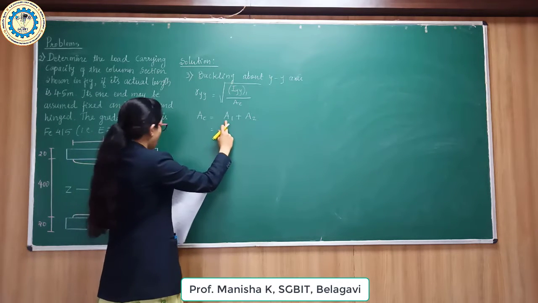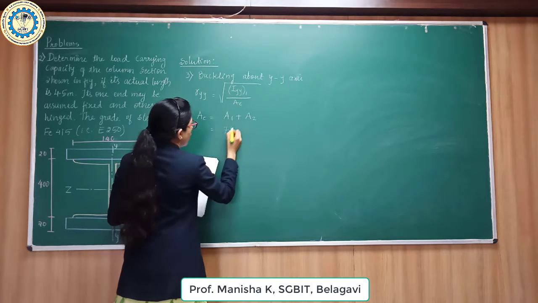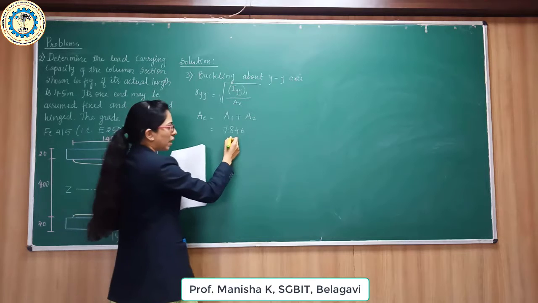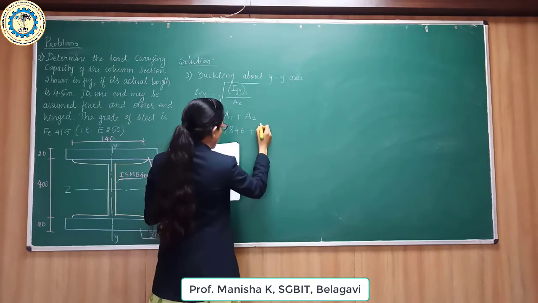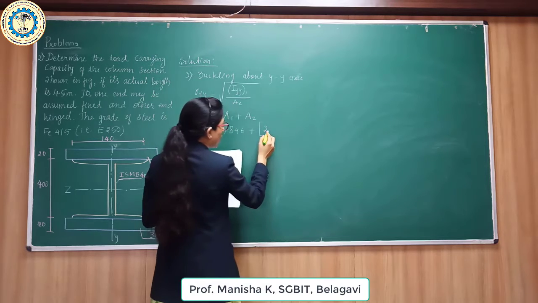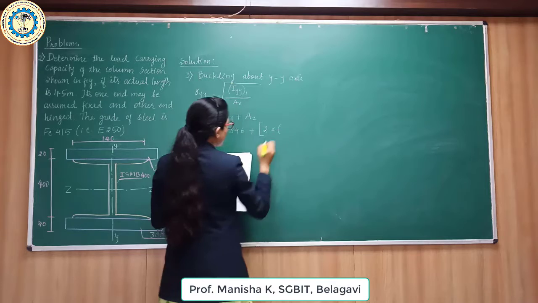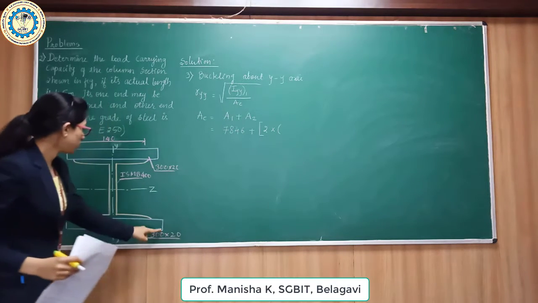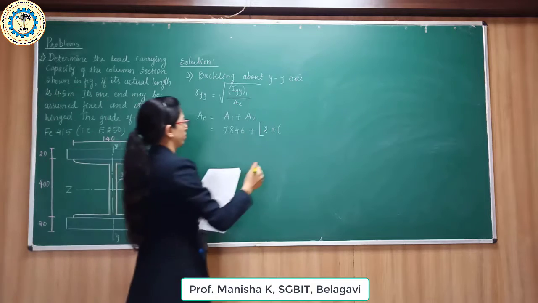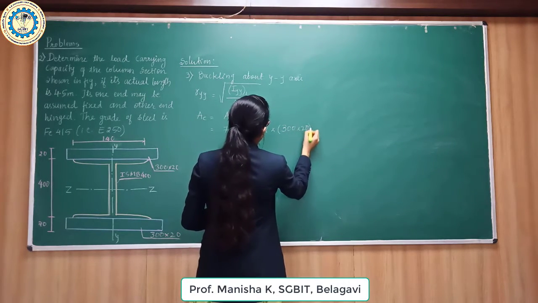Now area of ISMB 400 is 7846, which is there in steel table, plus area of 2 plates, by 20.